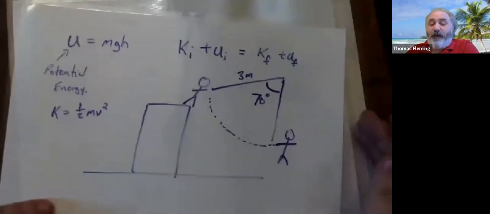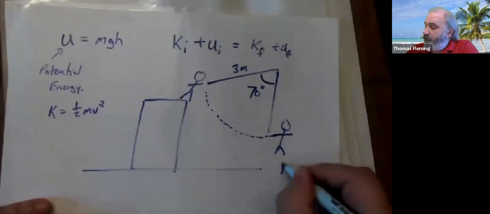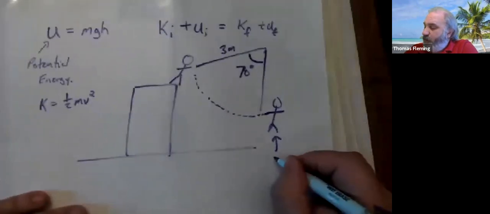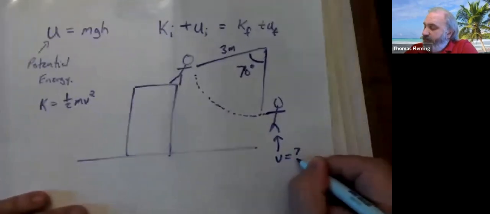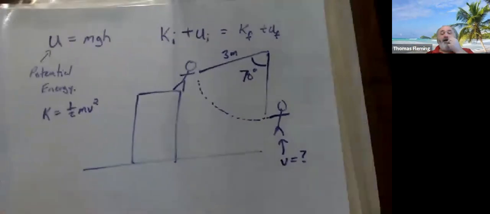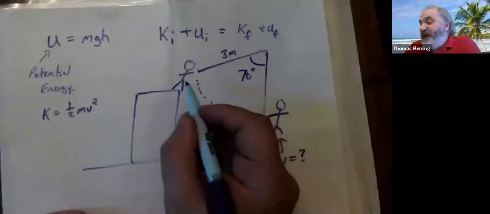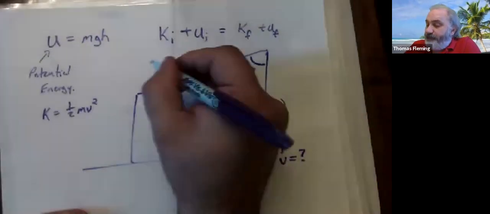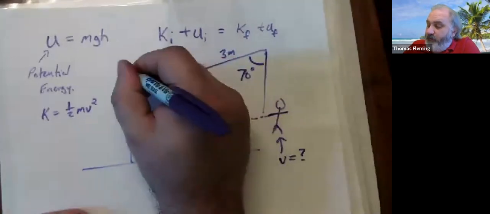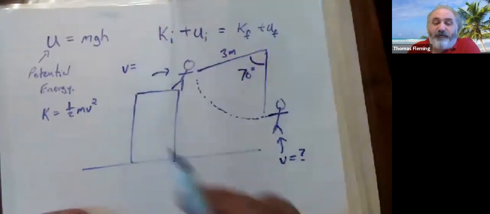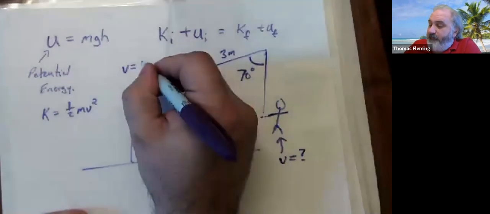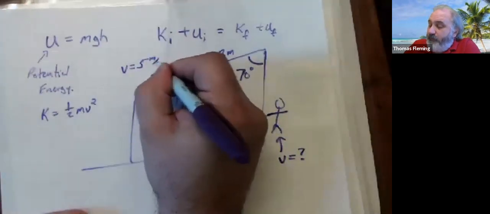What I would like to figure out is how fast he's going when he gets to the bottom. And just to make things interesting, let's have Spidey have a running start. Rather than have him start at rest, let's have him run off the edge of the building so that when he's up here, he's going to have a velocity of, let's say, 5 meters per second.